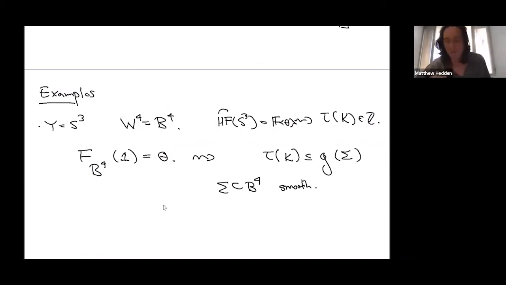So this says that tau bounds the Floer genus, and because B4 has an orientation reversing diffeomorphism, I can get an absolute value around this. I can apply it as a cobordism in both directions.